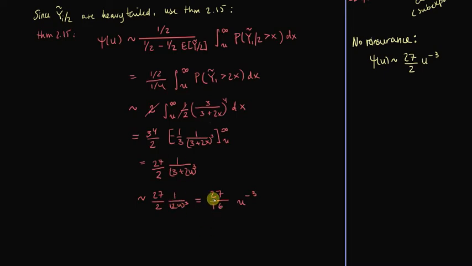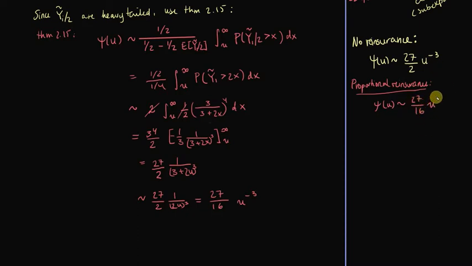And what we now see is that in the case of proportional reinsurance, the ruin probability has decreased by a factor 8.